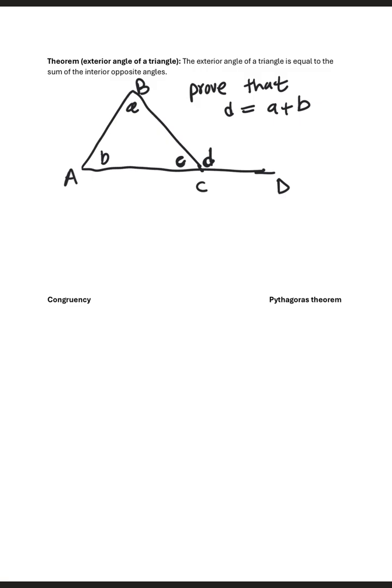So I'm gonna extend this line here, which I will call E, right? And then it's parallel. So we construct CE such that AB is parallel to CE.